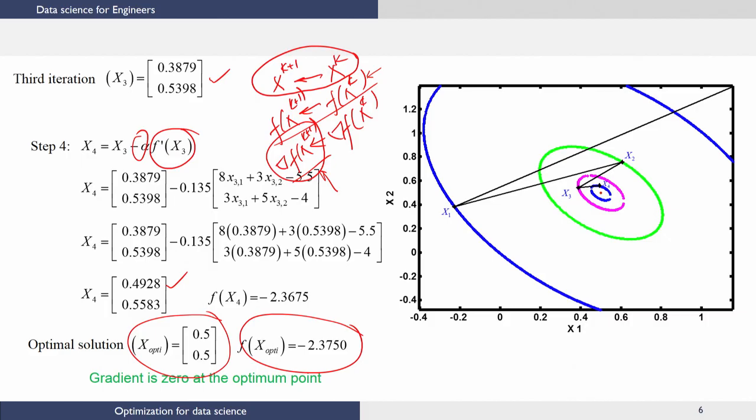We also made the connection between these algorithms and machine learning, and as I mentioned before, most of the machine learning techniques you can think of as some form of an optimization algorithm, and gradient descent is one algorithm which is used quite a bit in solving data science problems.